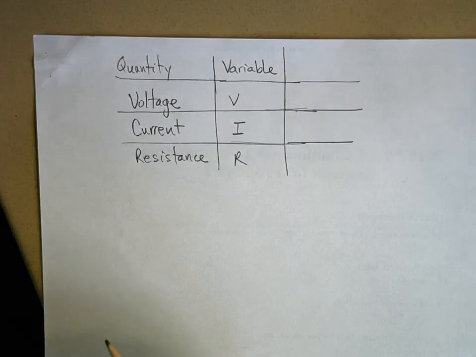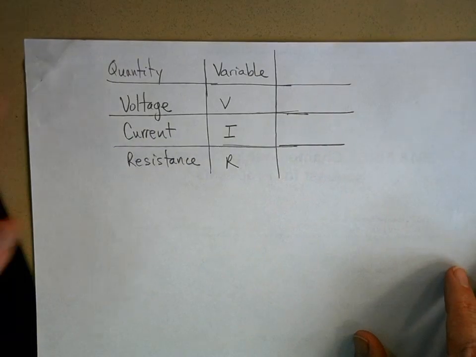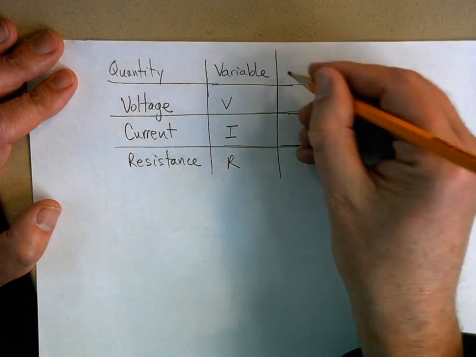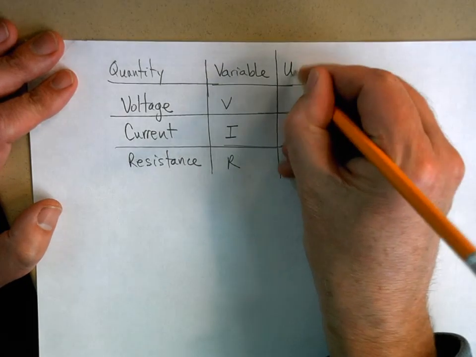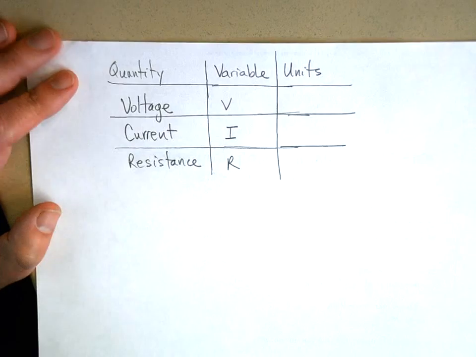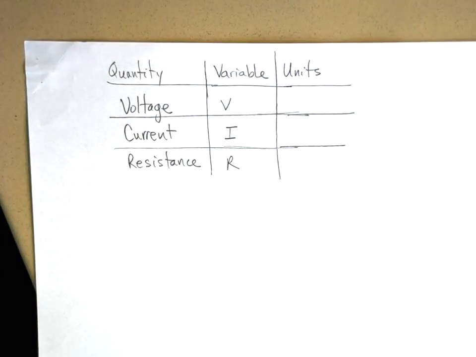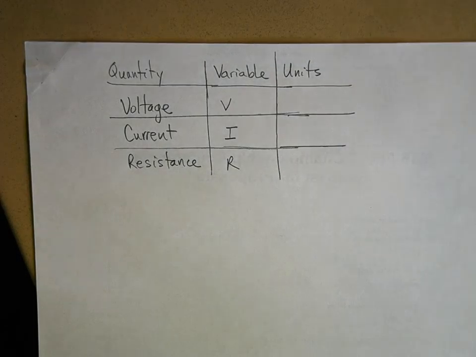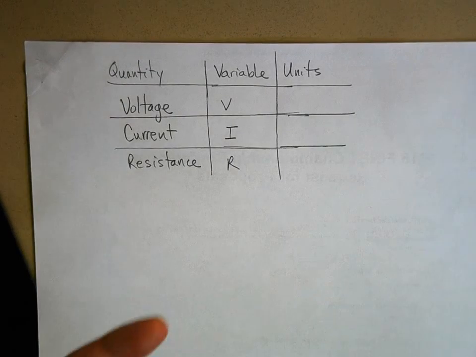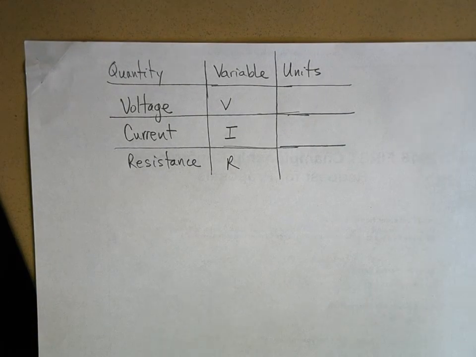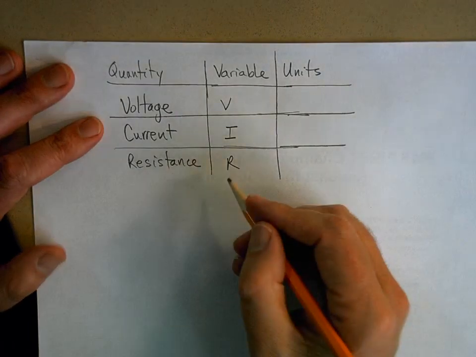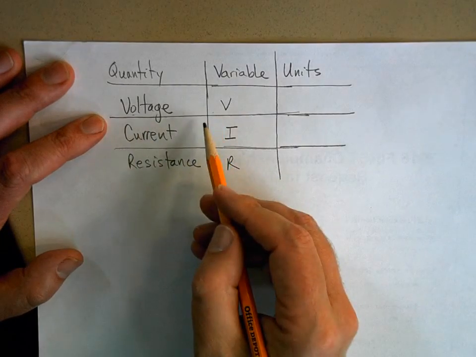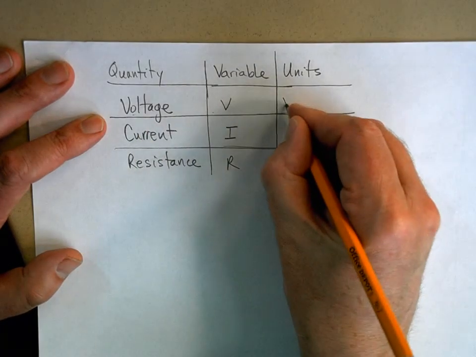Now, the variable. All right, so now we need units. What I'm going to do here is give you the unit, the abbreviation for the unit, and then how to think about that unit. So voltage is measured in a volt.